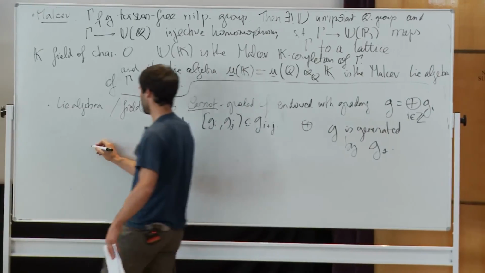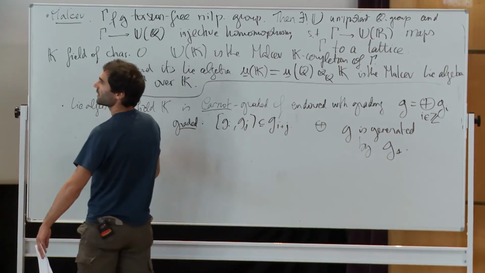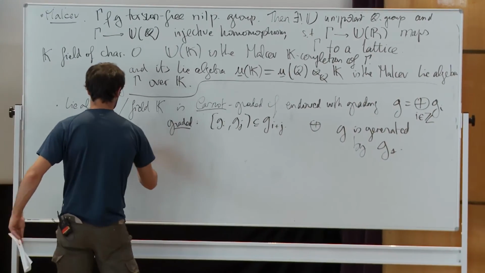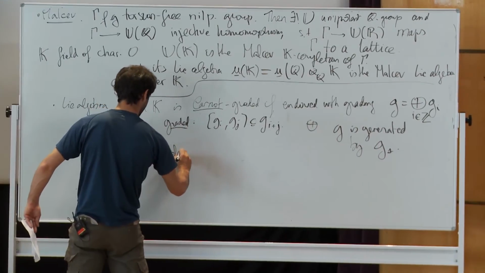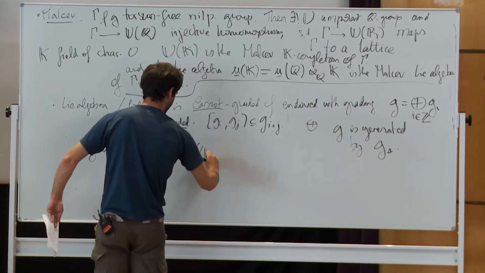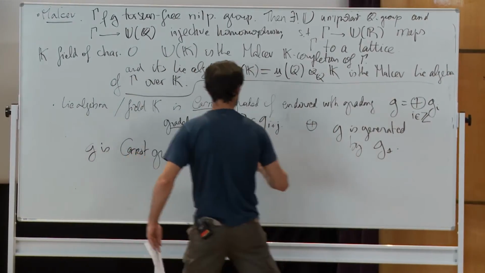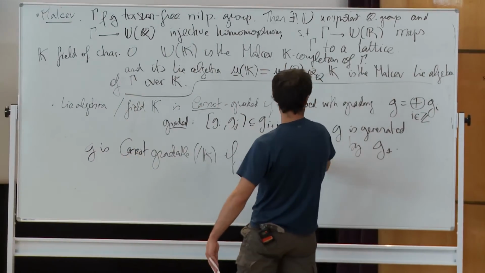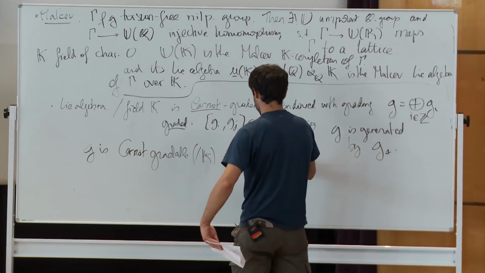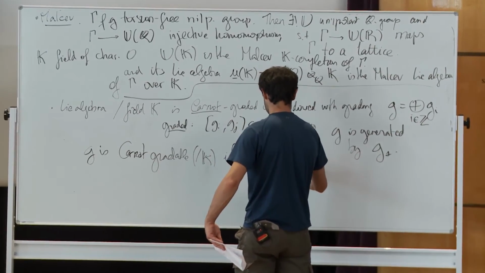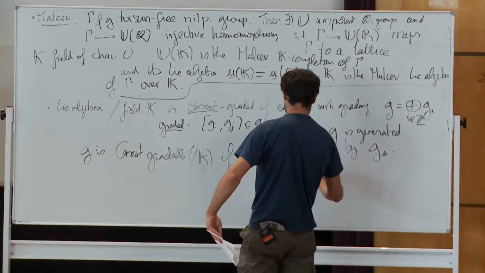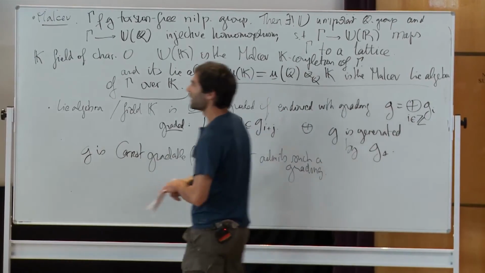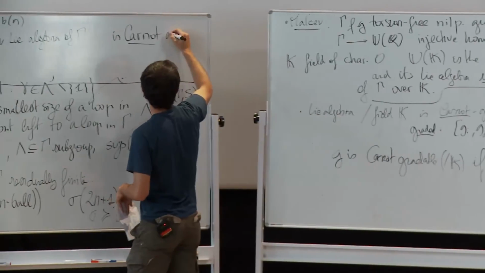And G is say Carnot gradable over K if it admits such a grading. So to be correct, say Carnot gradable.